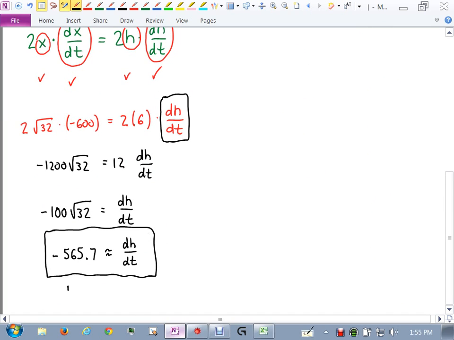So it'll be miles per, and then time was measured in this problem in hours, wasn't it? Because they gave you the speed of the plane was 600 miles per hour. So I'm going to put miles per hour, which we just do mph. So at that moment, the distance between you and the plane is changing at a rate of negative 565.7 miles per hour.